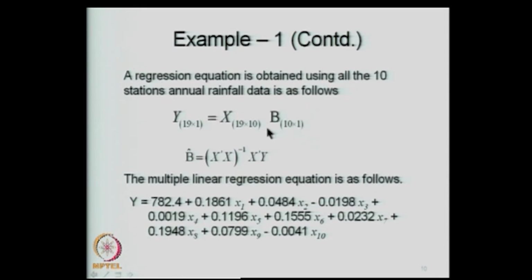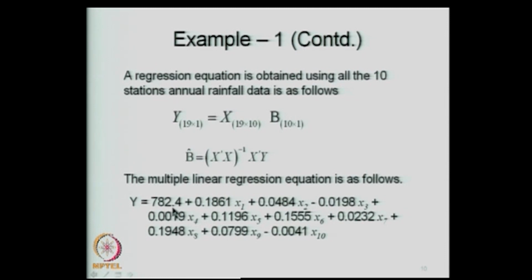There are 10 such parameters, one associated with each of the variables, so this is 10 by 1. So, you get beta cap as x dash x inverse x dash y. This is from your original regression.